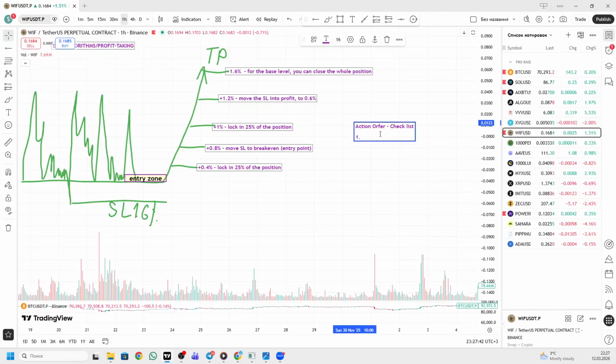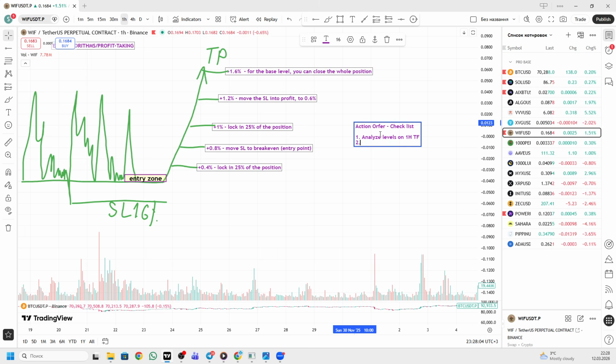First, analyze the levels on the 1 hour time frame.